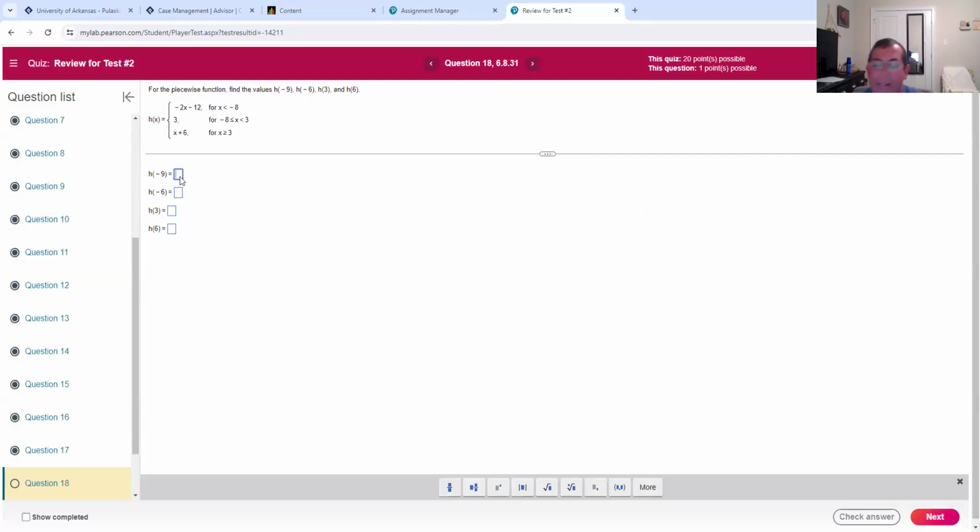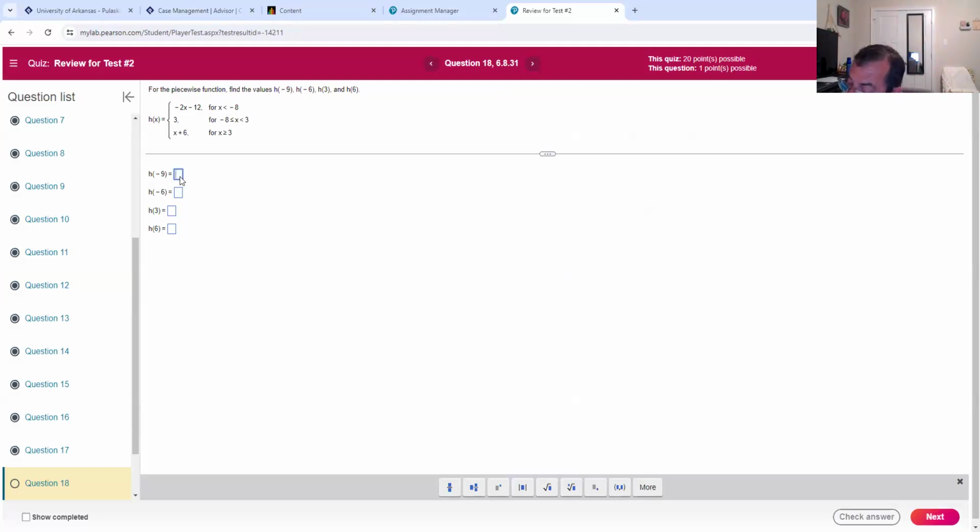All right, y'all. So 18, we actually got to do some work on this one. So let me write down what they're giving me. h of x equals negative 2x minus 12 for any x's less than negative 8. It equals 3 for negative 8 less than or equal to your x less than 3.